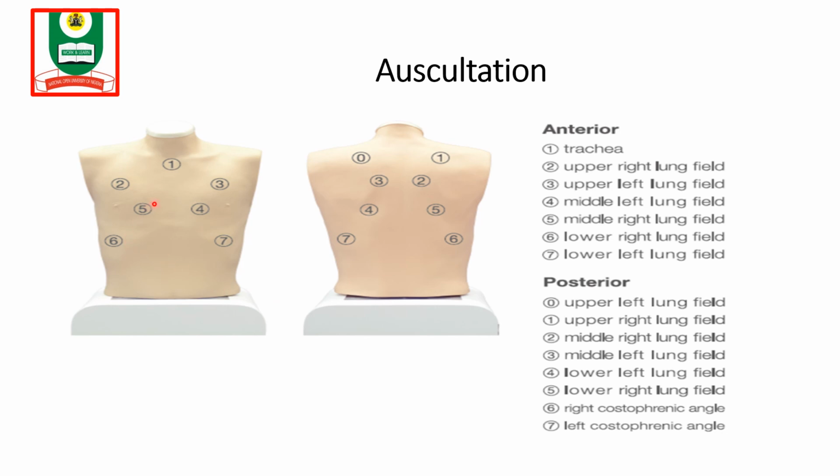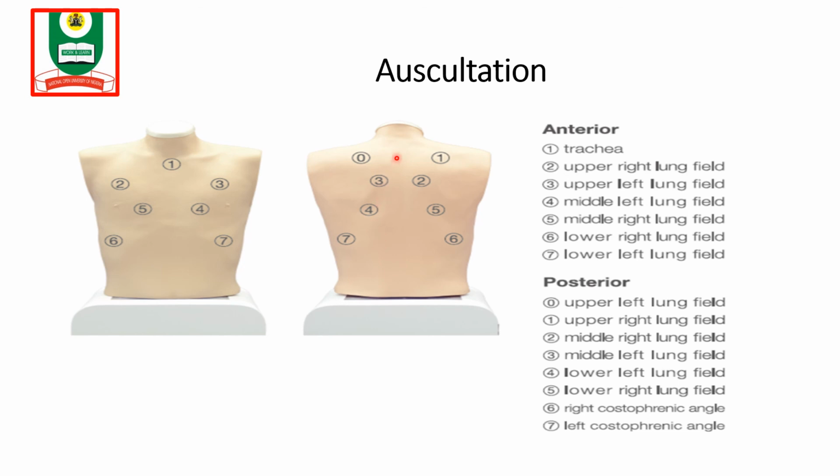So you place your diaphragm over the upper right lung field, and this is the upper one, this is the middle, and this is the lower one. You place the diaphragm on each of these points, and you ask the patient to breathe in and breathe out, and you listen to the sound. Definitely when it's abnormal, it's different from the normal sound. After you finish with the anterior aspect, you move on to the back, and you perform the same thing.